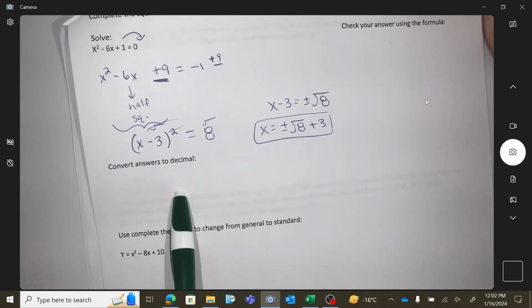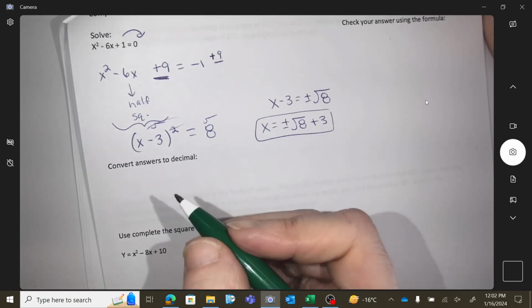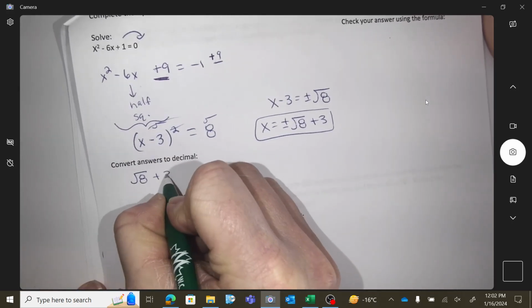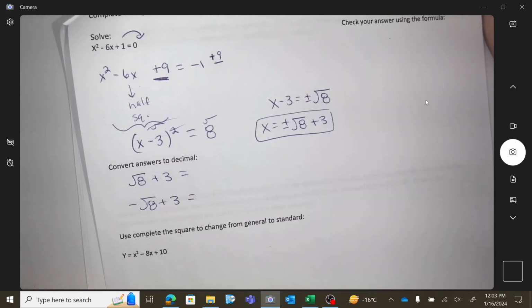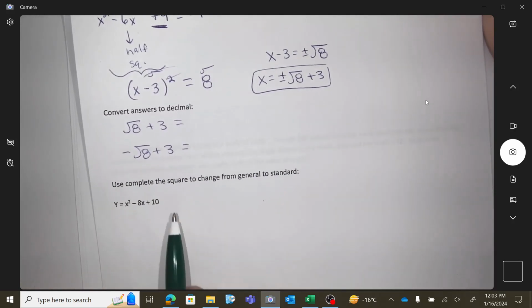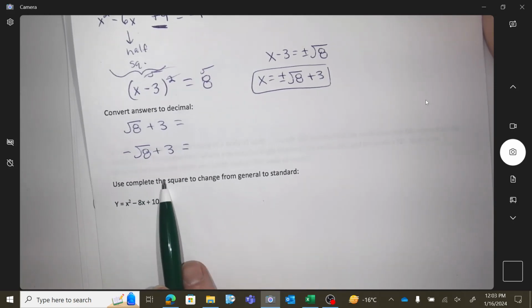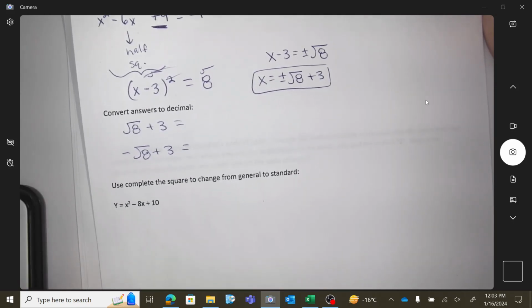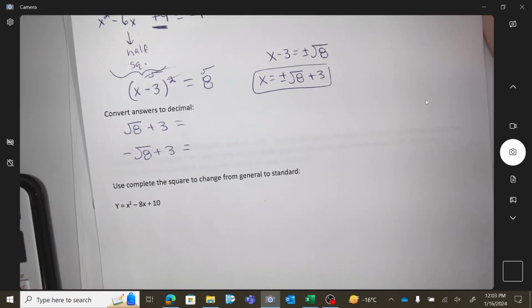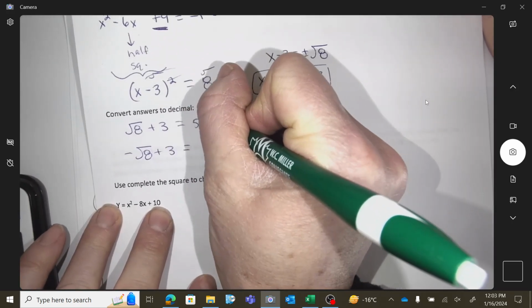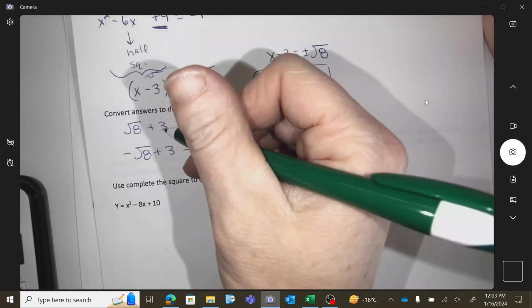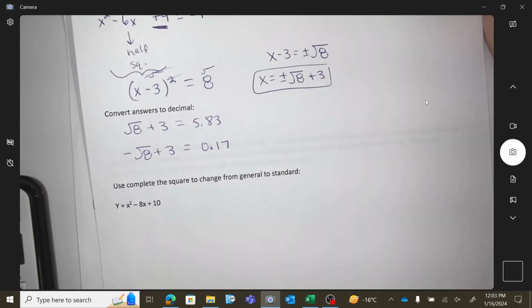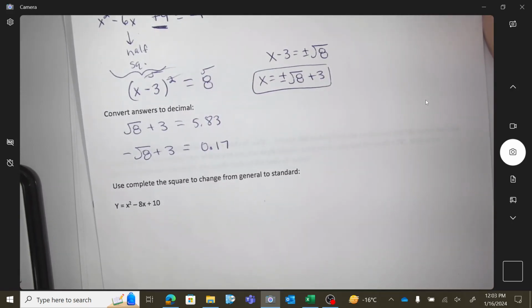Okay, on this next part here, I said convert this to a decimal. So in your calculator, this is all I'm asking you to type in your calculator. Well, what is the square root of 8 plus 3? What is the negative square root of 8 plus 3? And kind of like, what does this all connect to?